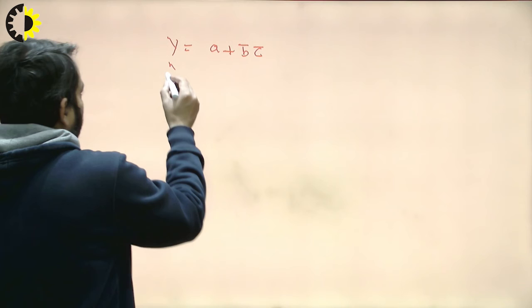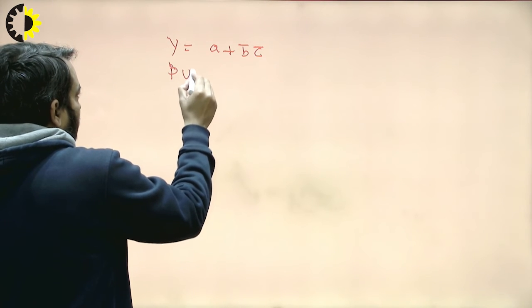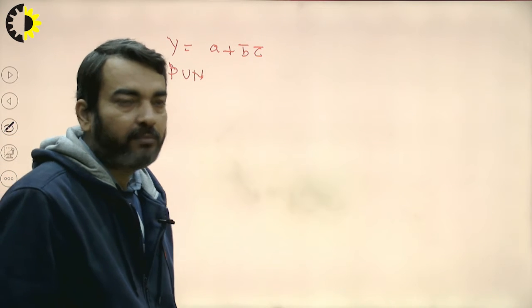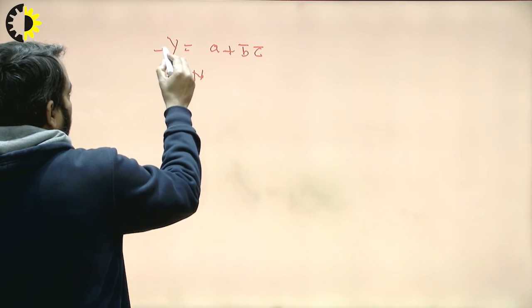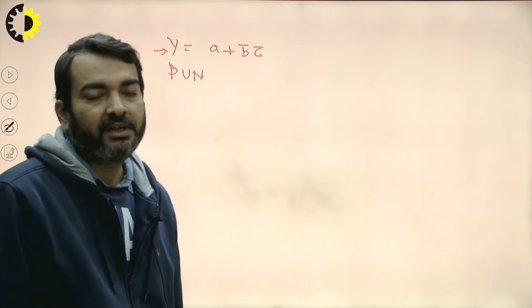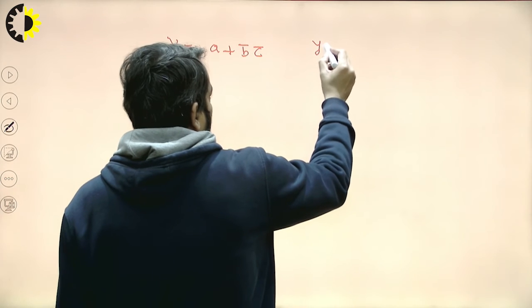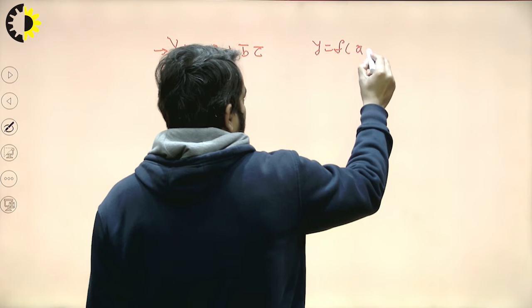For the pull-up network, we have to express the normal output as a function of complemented variables, that is, y as a function of complemented variables.